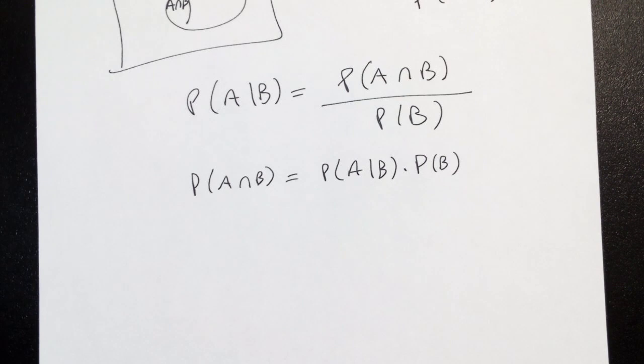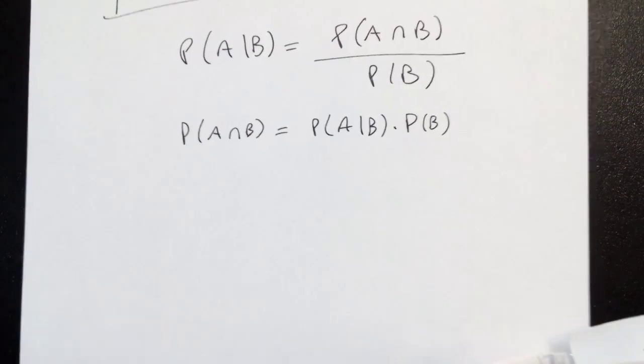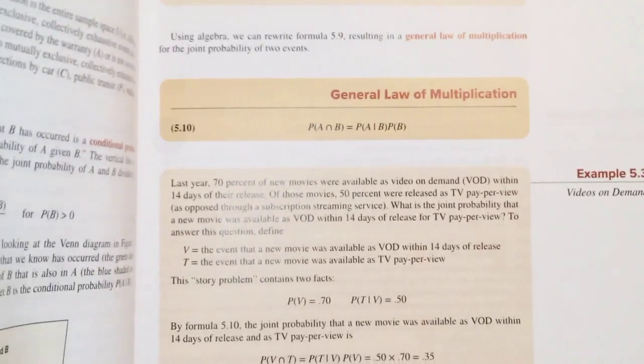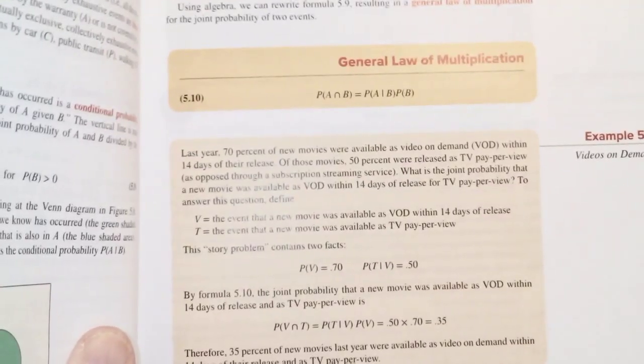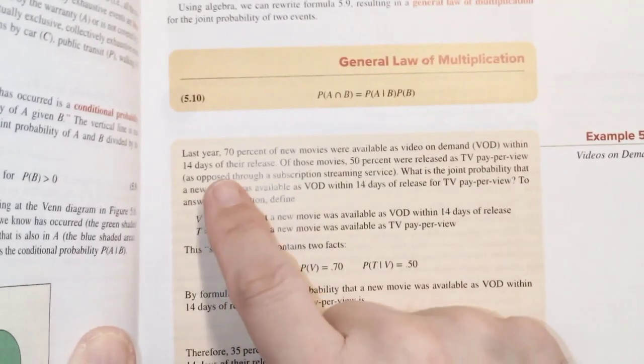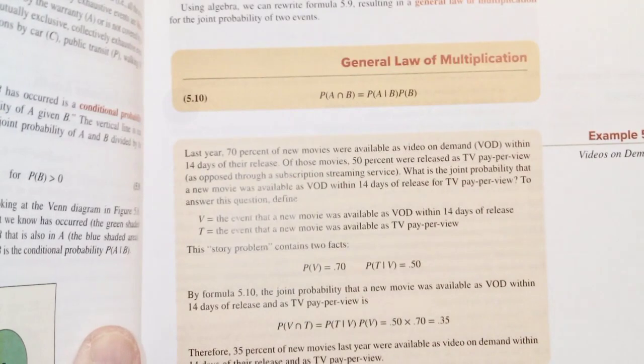Page 163. About video on demand here. Talks about 70% of new movies were available as video on demand within 2 weeks of their release.